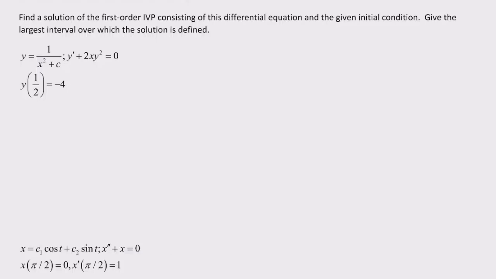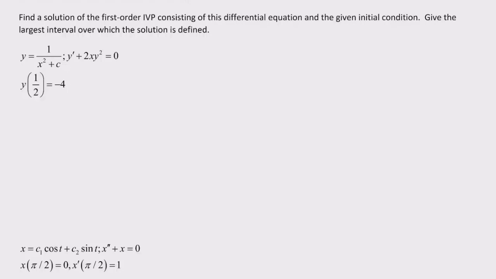Okay, in this next example, we're asked to find the solution of a first order IVP consisting of a given differential and the initial condition. Then we're supposed to identify the largest interval over which the solution would be defined. They gave us a differential, but they also gave us the original function, and the point y of 1/2 equals -4.